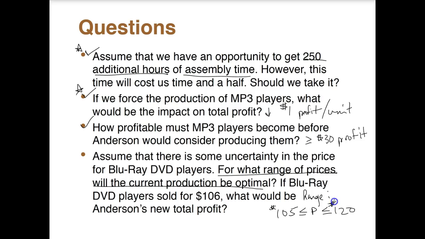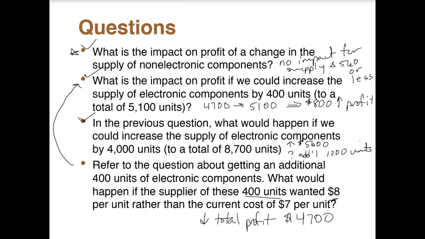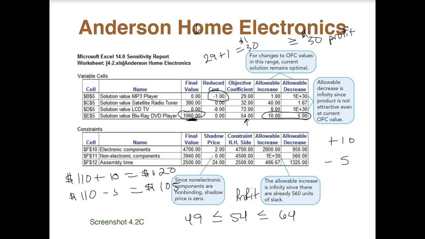Okay. Now it says if the Blu-ray DVD player was sold for $106, then what would be Anderson's new total profit? So if we go back here, we'll see that the $106 price is okay because it's still within this range of 105 to 120.